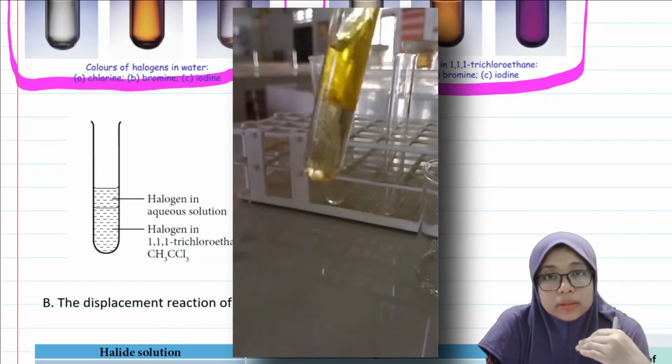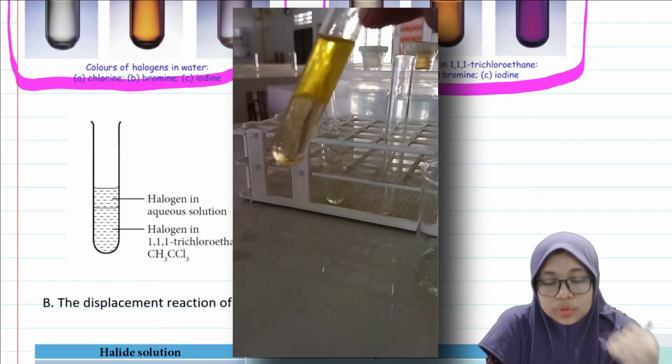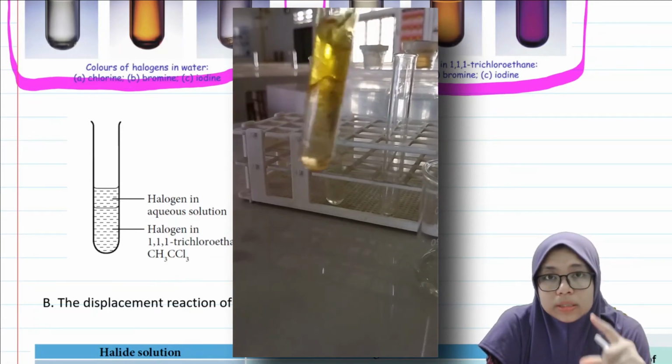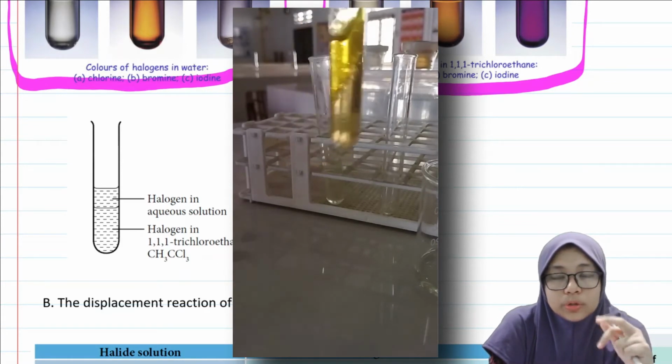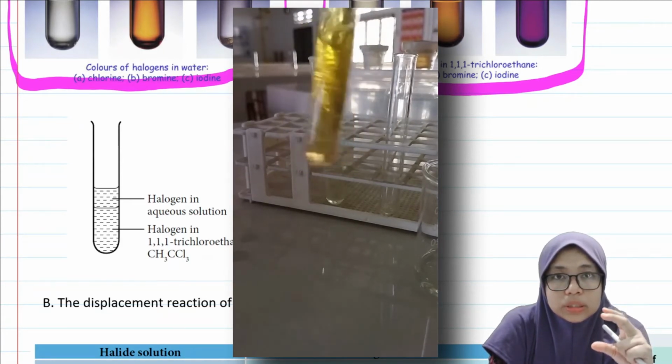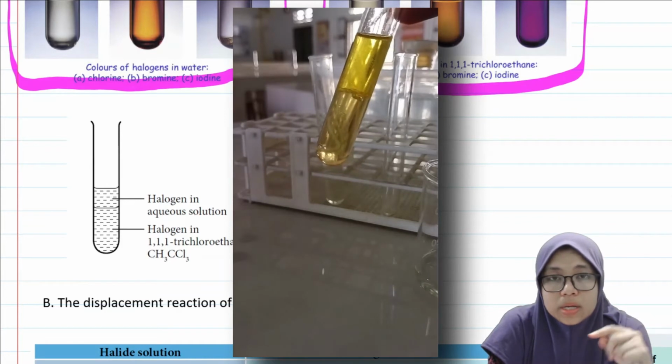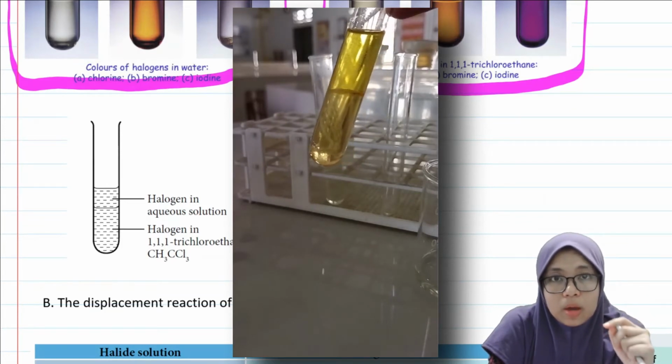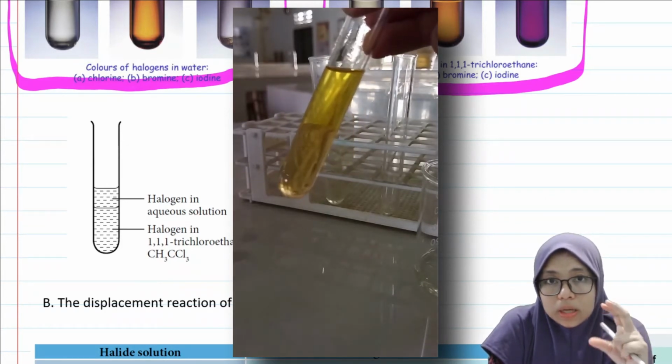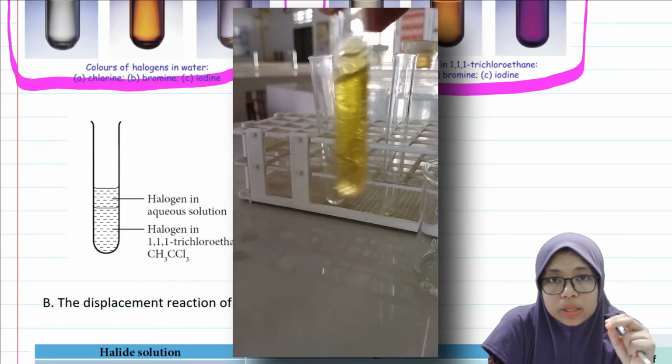If you look at the video that I show you, you will see that in the test tube, there are two parts of the solution. The bottom part is the organic solvent. The upper part of the test tube is the aqueous solution.